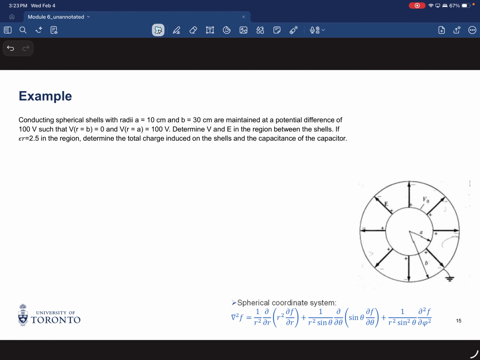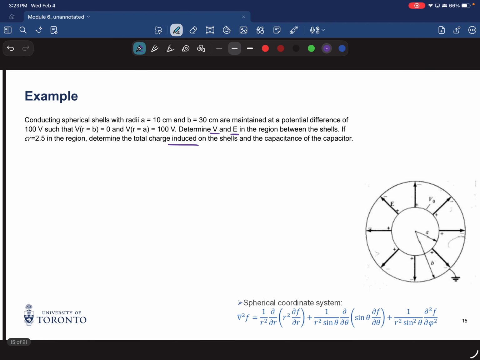So here we have two conductors with the radius of A and B. And then the dielectric in between them has a permittivity of epsilon r. And then we are asked to find V, E, and then the total charge induced, and then the capacitance.